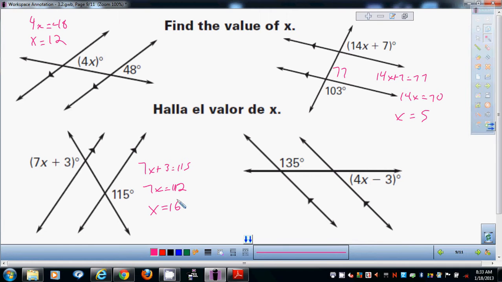So, if that's 45, Donovan, what kind of angles are these? Alternate exterior. And Caitlin, what do I do with alternate exterior? Set them equal. If I set 45 equal to 4x minus 3, Cameron, what will that give me for my x value?